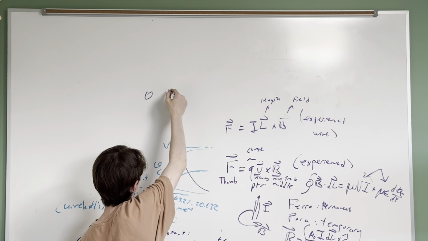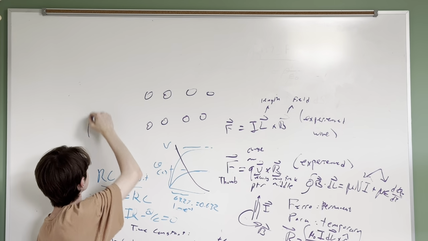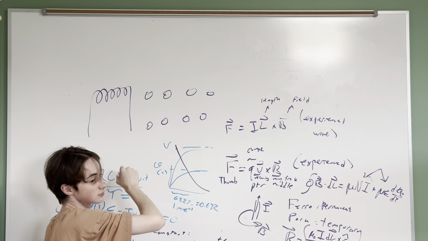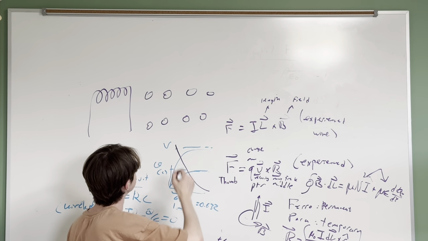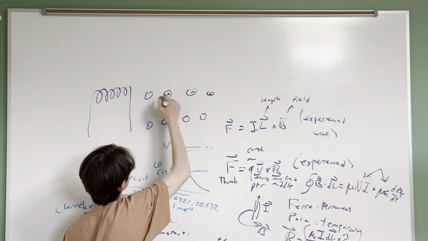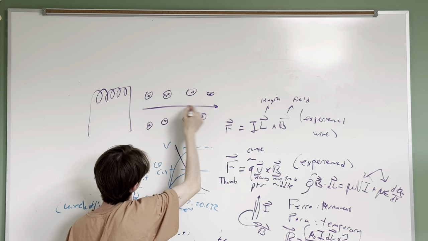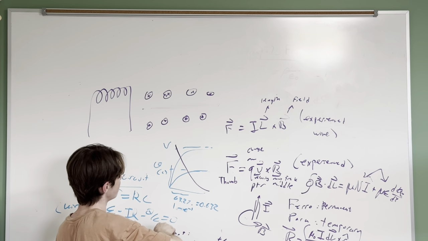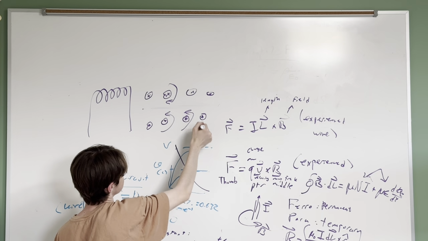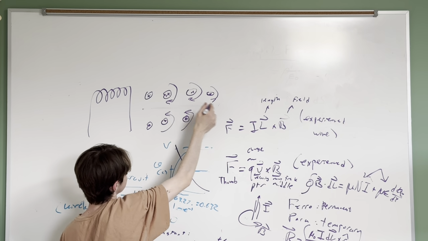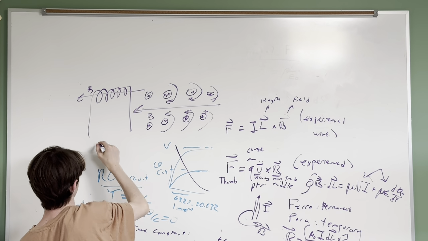Okay, for a solenoid. I'm not sure you guys ever saw the lecture about solenoids. To calculate the magnetic field in a solenoid: the current goes into the screen like this, and that means the magnetic field will point this way through a curled wire.